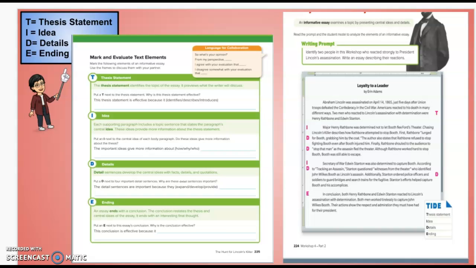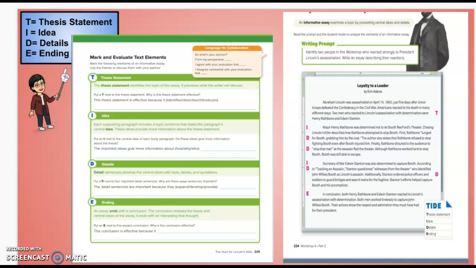T stands for thesis statement, I stands for idea, D stands for details, and E stands for ending. So what we're going to do is take each section, TIDE, and move over to our essay, and we're going to be marking, and we're going to be making some analysis about each of those sections.